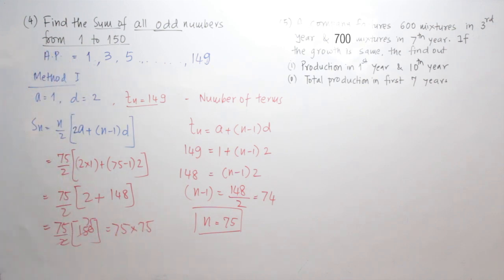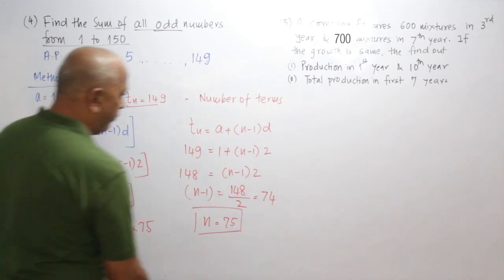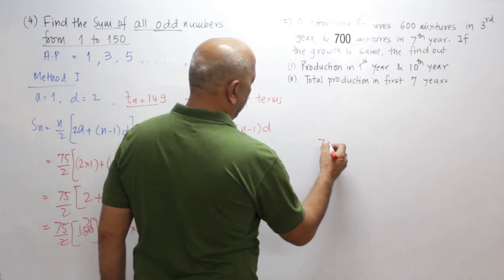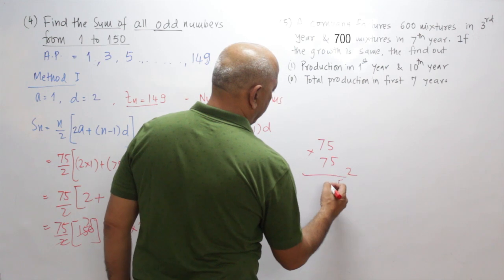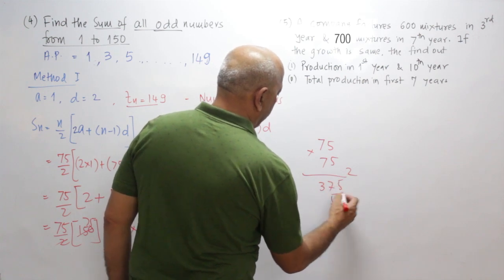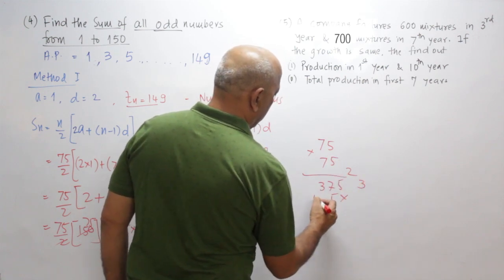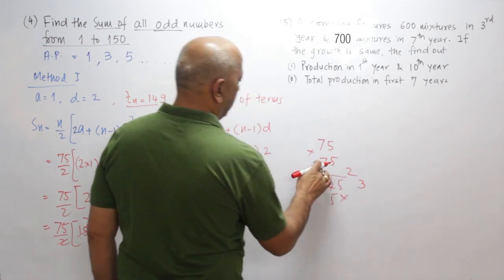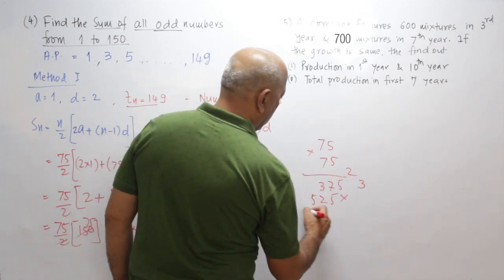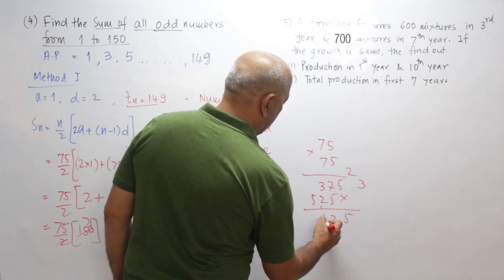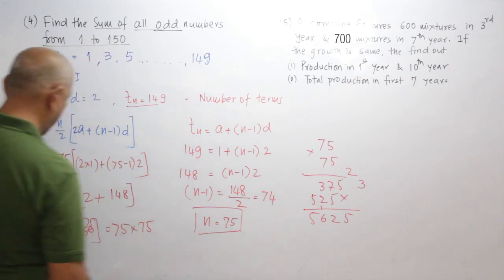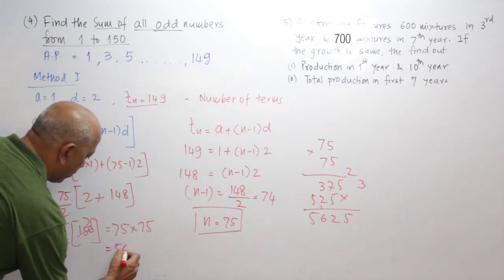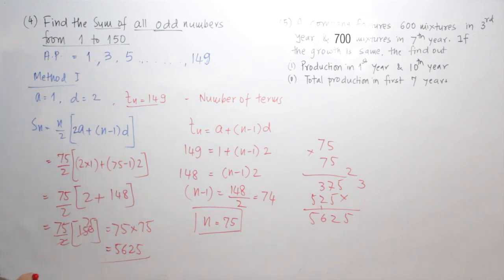You will get the value of the square, and that value, 75 square, we can calculate. 75 into 75, 5 fives are 25, plus 375. So it's going to be 5625. So that is the sum.